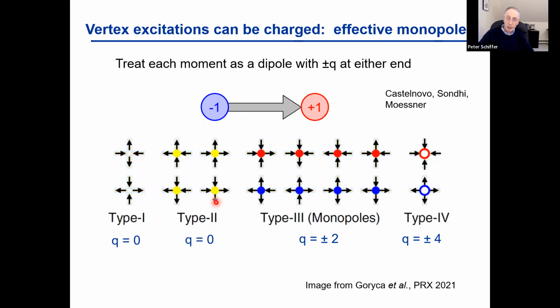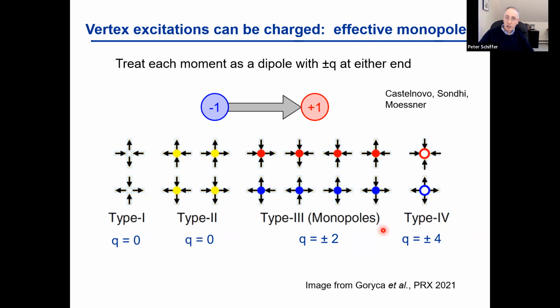And so type 1 and type 2, with 2 in, 2 out, have a net charge of Q equals 0. Type 3 has a net charge of plus or minus 2, and type 4 has a net charge of plus or minus 4. This turns out to be a very powerful way of thinking about the physics of these systems, with these emergent charges that are not real charges, but effective magnetic charges, and you can understand a lot of the physics of these systems by understanding these charges.